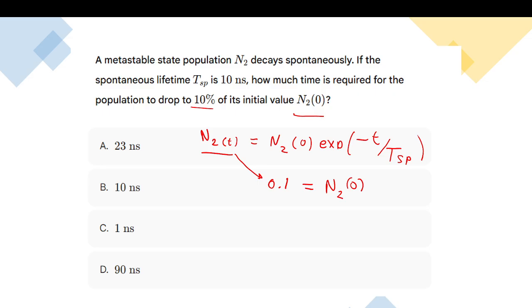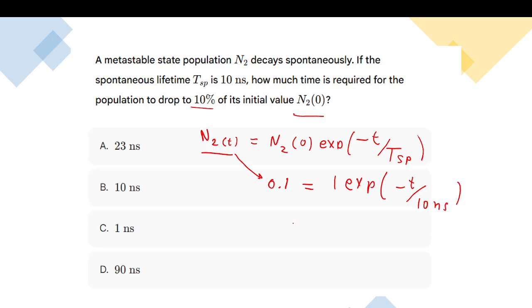For that we know that N2 naught is 100%, so 1, equals exp of minus t, which we need to find out, and we know that tsp is 10 nanosecond.